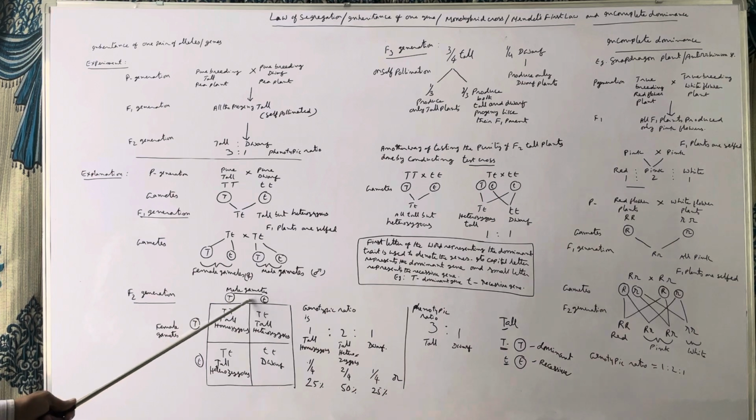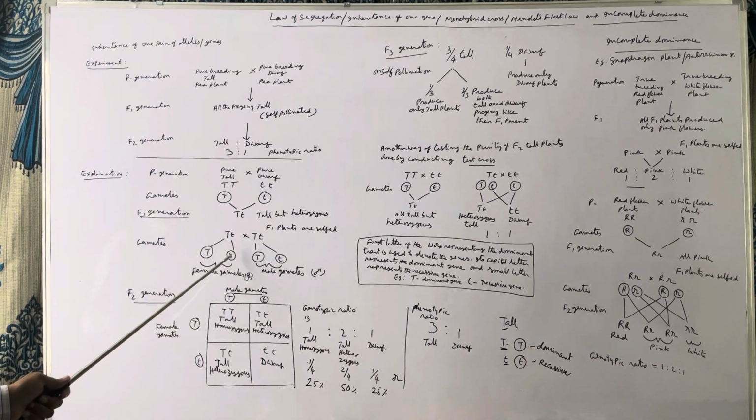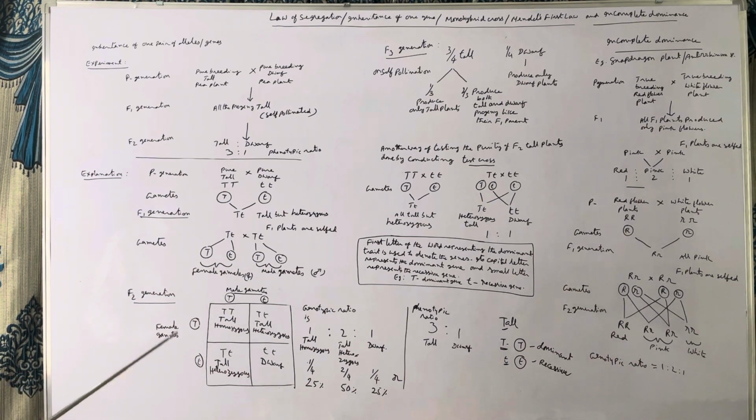So these two are male gametes, these two are female gametes. So when this pollen grain fertilizes this ovum, what do we get? We get two dominant genes. And these plants are homozygous tall. The plants developed from this combination are homozygous tall.